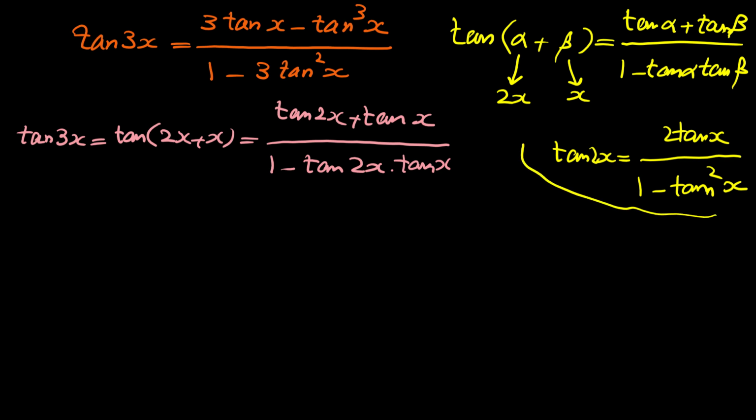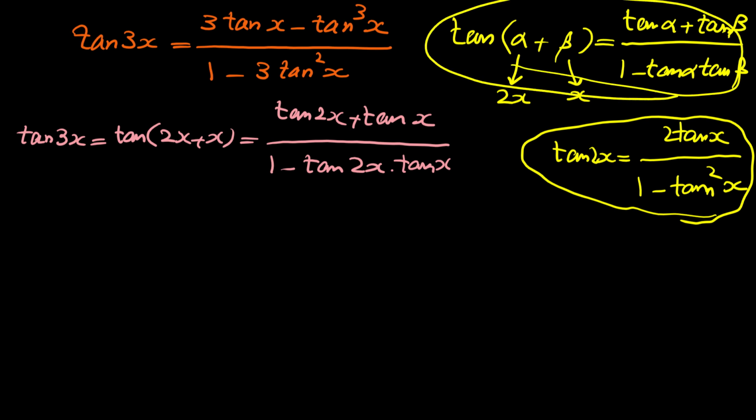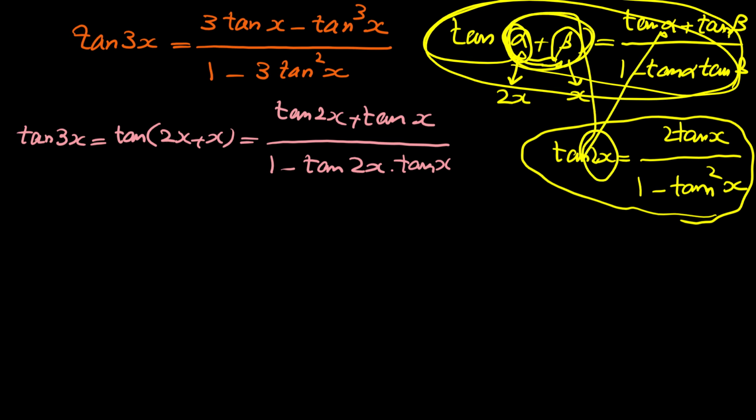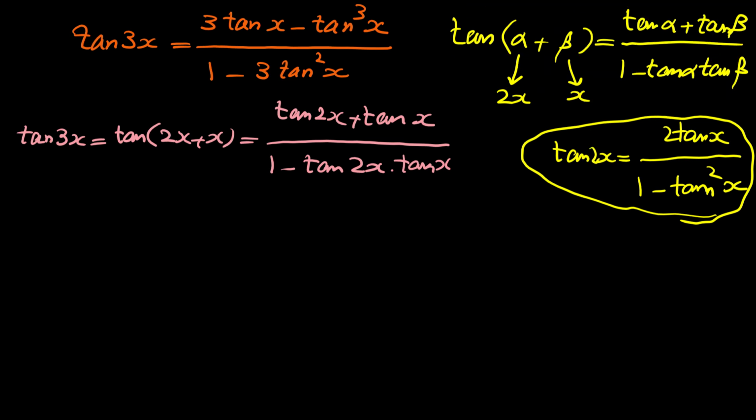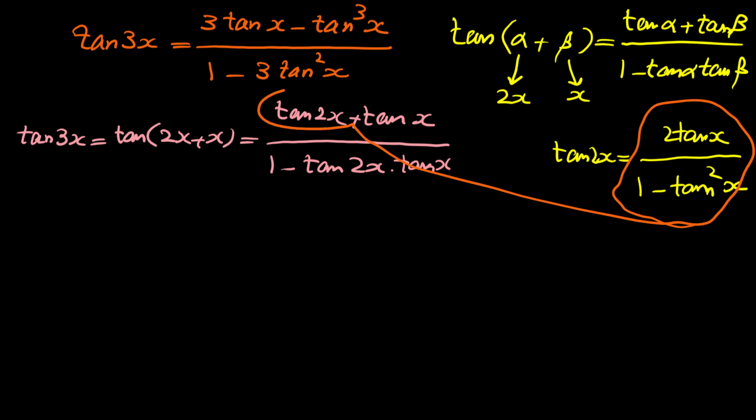And easily you can derive this formula by yourself from this general formula. If you suppose alpha as x and beta as x, this would be 2x. If you substitute alpha with x and beta with x, you can derive this formula from the sum formula. But here we want to substitute the tangent of 2x here and here with this formula.